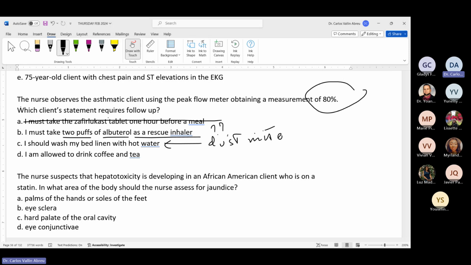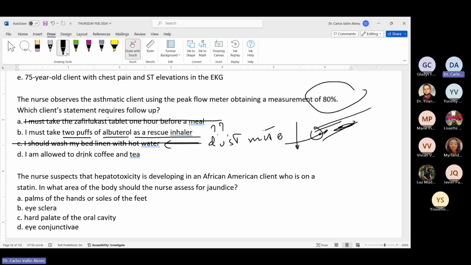The dust mite is one of the allergens that precipitate inflammation of the bronchi, because they become airborne and penetrate the bronchi, producing inflammation of the lining. So decreasing the amount of dust mite in the house will improve this. So it is correct. It doesn't require follow up.